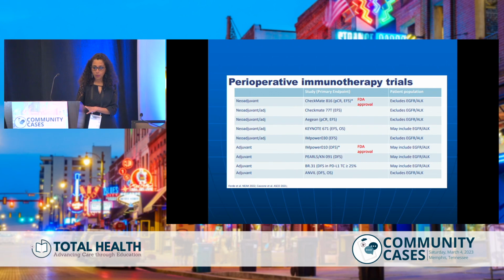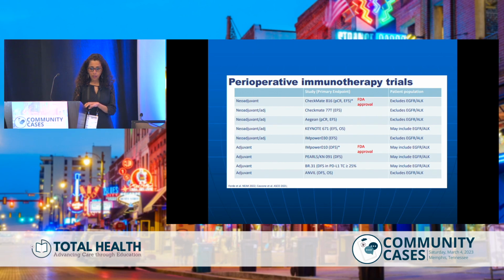So, some of the perioperative trials. Now we're moving on to the immunotherapy space. We know that immunotherapy has made a huge splash in the advanced setting. It's standard of care, as Dr. Porter presented, in advanced lung cancer. Previously we started with second and third lines, and now with frontline. And what about in the perioperative setting? There are many studies now that have looked at many of these agents in the neoadjuvant and the adjuvant space.